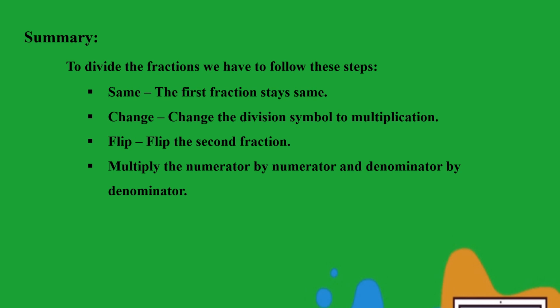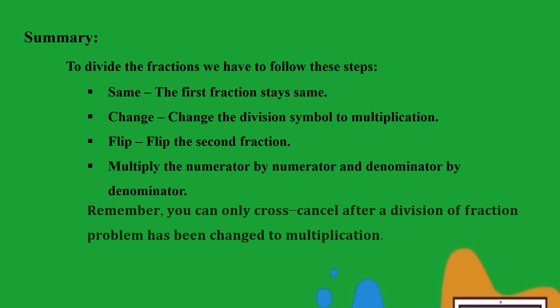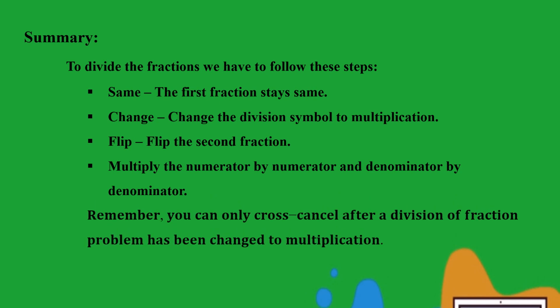And we know that now this is the same question as multiplying fractions. So we have to multiply numerator by numerator and denominator by denominator. Again, my dear students, remember you can only cross cancel after a division or fraction problem has been changed to multiplication.